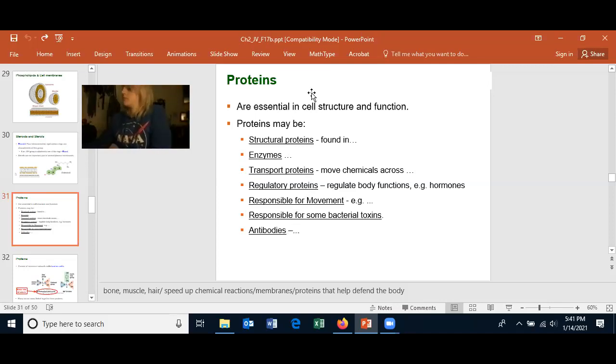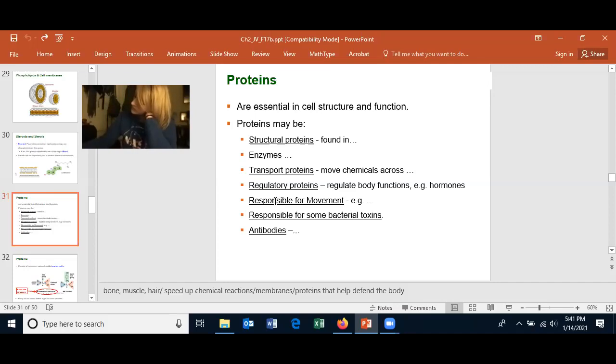All right, any question about the variety of function, both structural and functional, that different proteins have? As you can tell, proteins are very diverse, and they do many different things for us, more things for us than any of the other biological molecule.